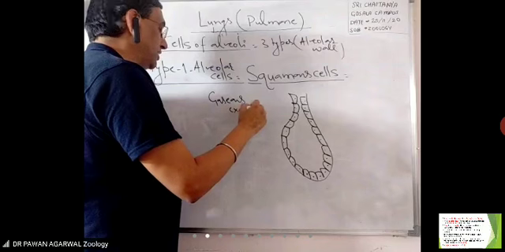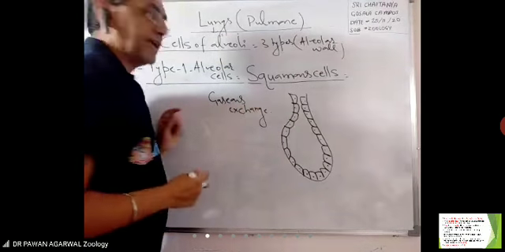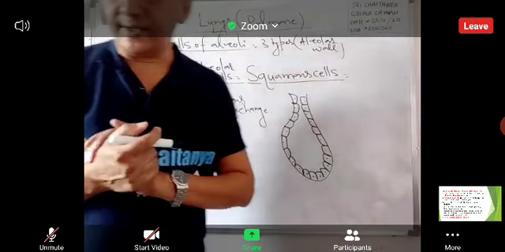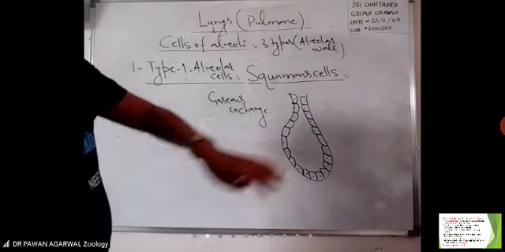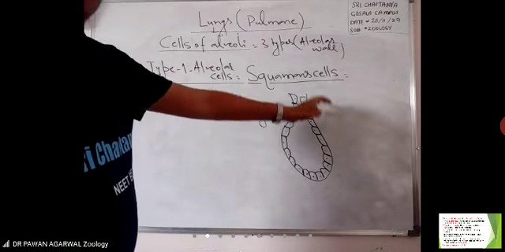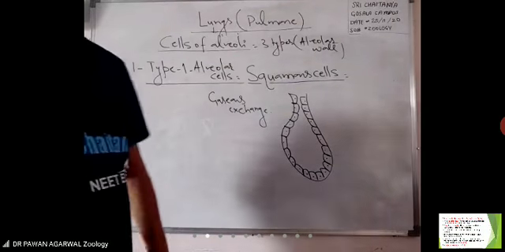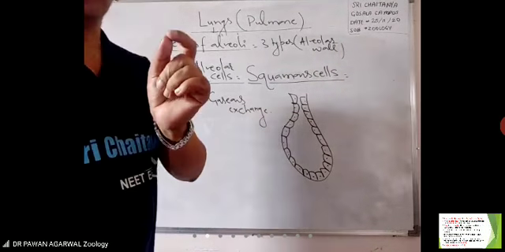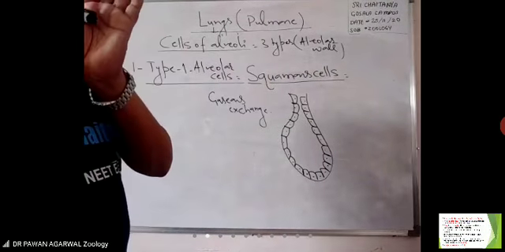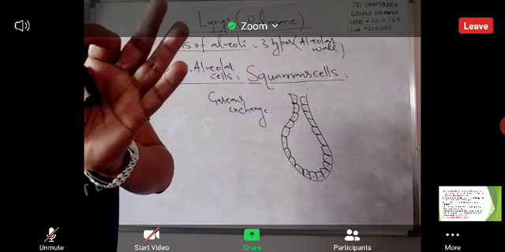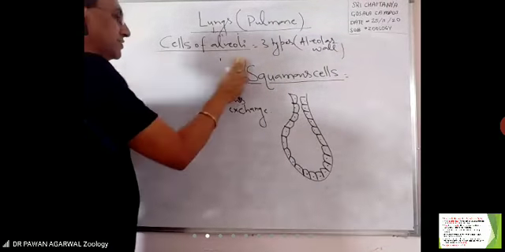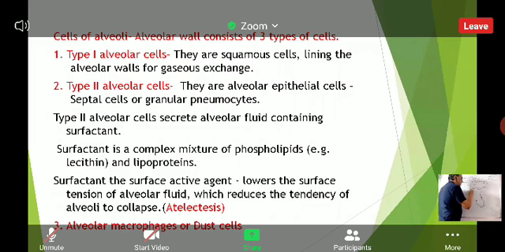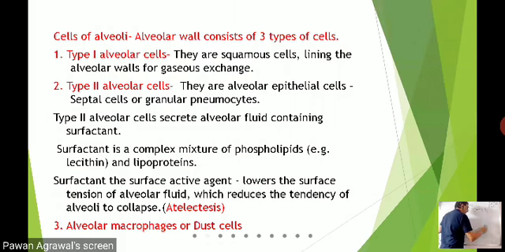The type 1 alveolar cells line the alveolar wall for the process of gaseous exchange or diffusion. Getting? So this you have to remember, very easy. They are lining the alveoli for the process of diffusion of gases.